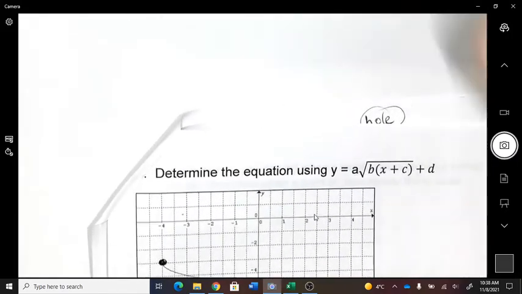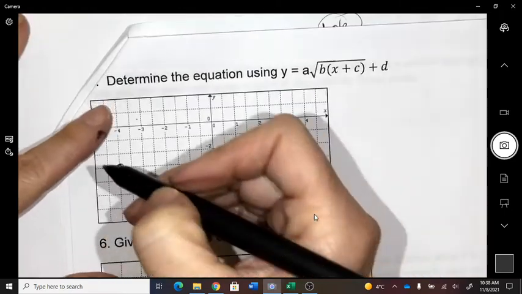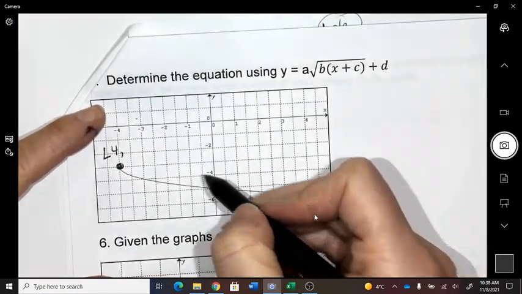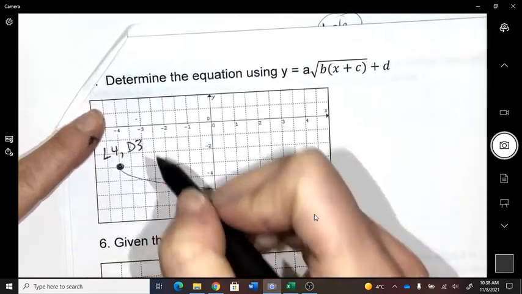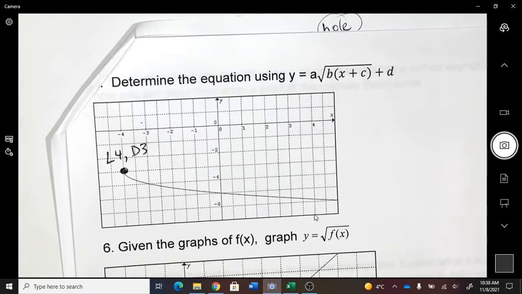Okay, give me the equation. Okay, so this needs to be left 4, down 3. Left 4, down 3. I need to have that in there.